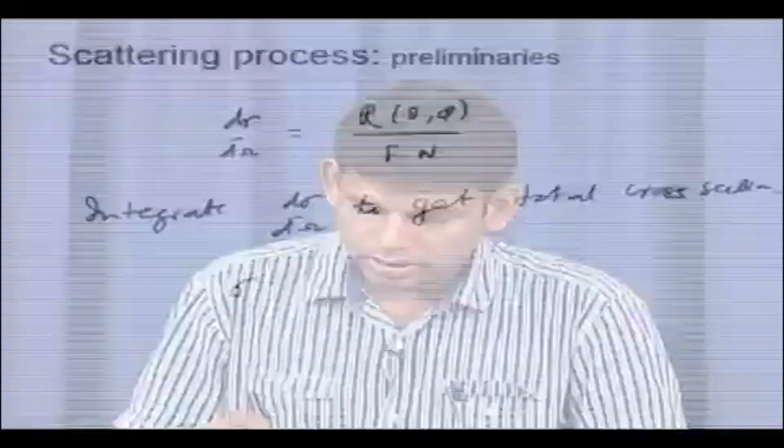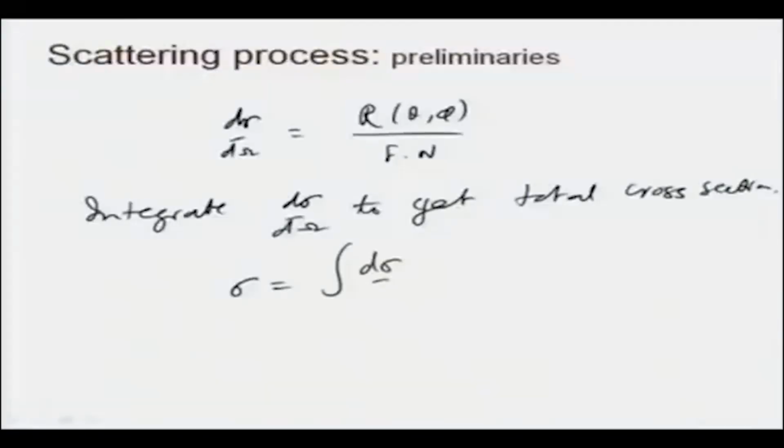So, now sigma is equal to the integral of d sigma over d omega, which is equal to R by F n into d omega. I will write it in terms of theta and phi: d sigma over d omega into sin theta d theta d phi. So, this is the total cross section.